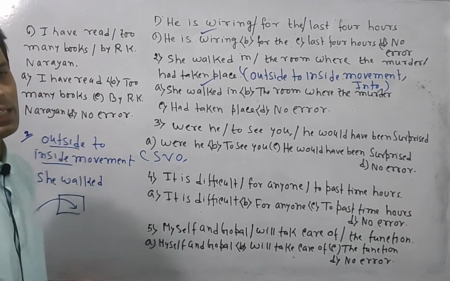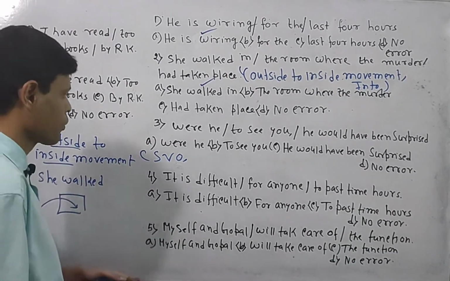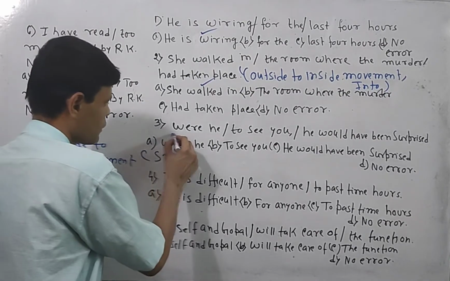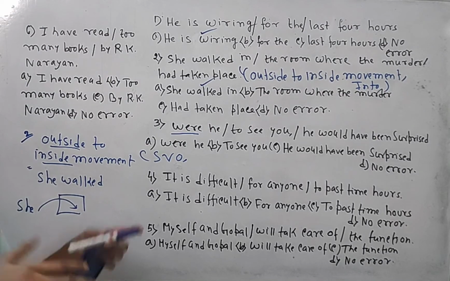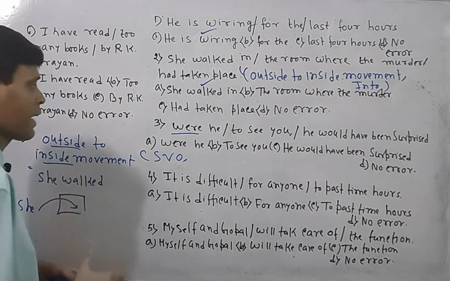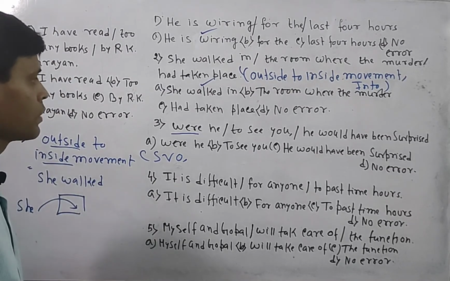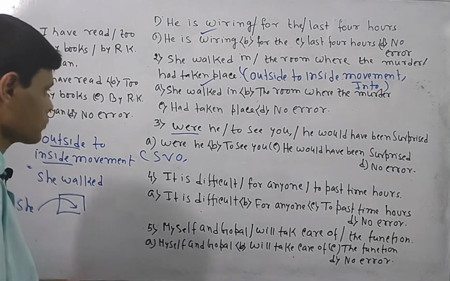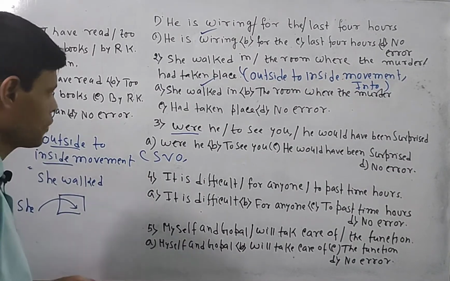Instead of maintaining the SVO order, we have maintained the VSO order, because we have placed the verb before the subject. So it should not have been that. It should be like, he were to see you, he would have been surprised. So this is the actual mistake.